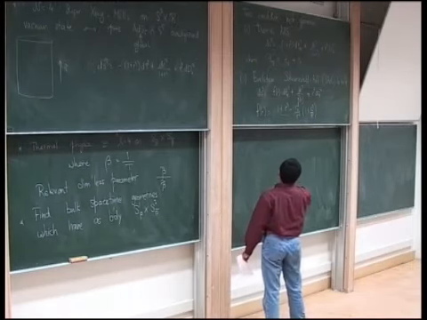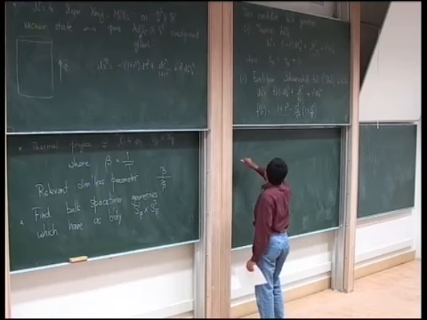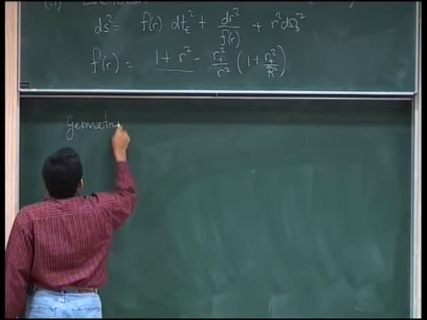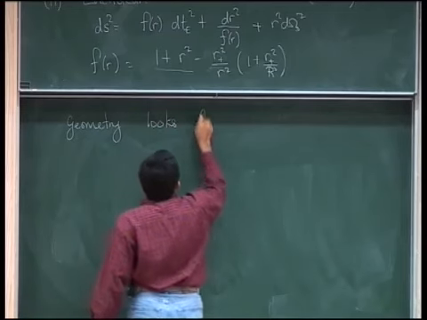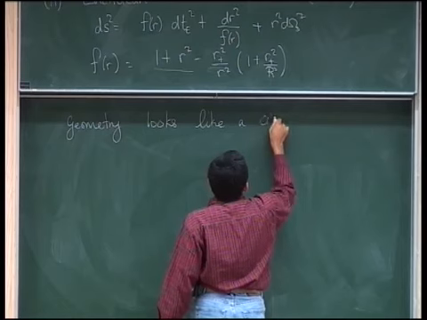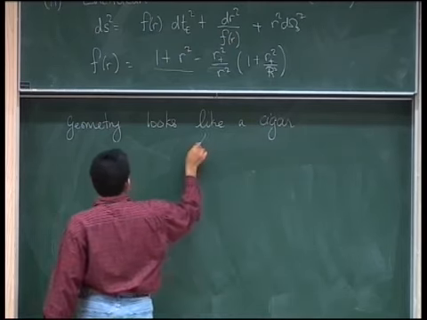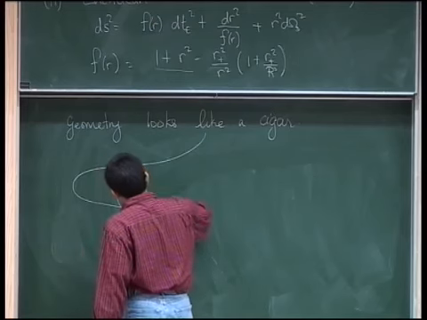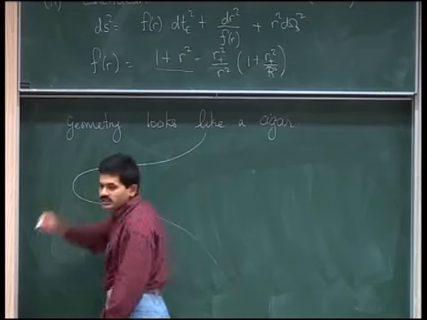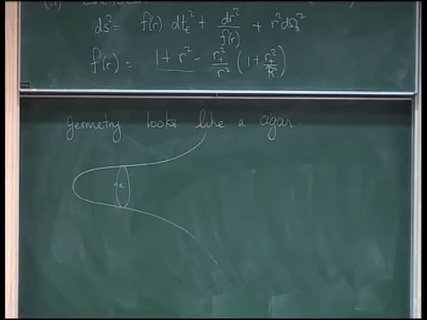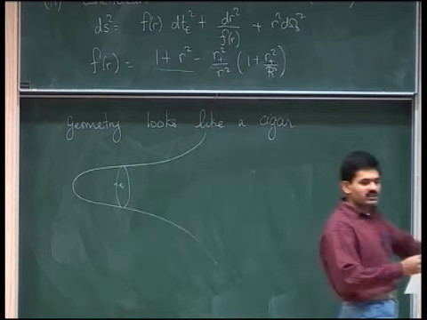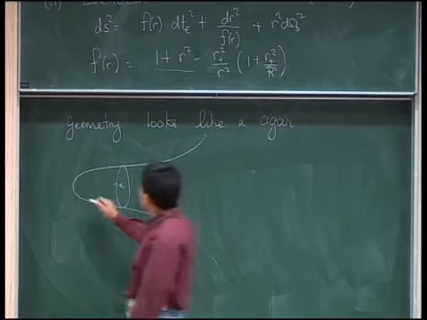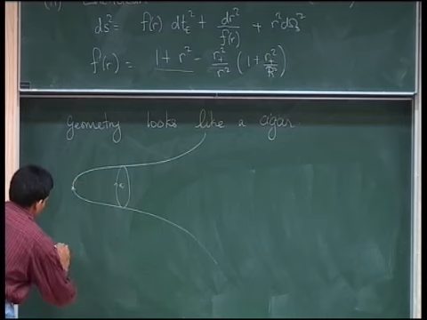So what does this geometry look like? This is a Euclidean geometry. It looks like a cigar. Where here the cross sections are these tau circles, which are flaring out because as r gets large, the circle gets big. As r goes to infinity, the circle gets big, but the circle shrinks at r equals r plus.